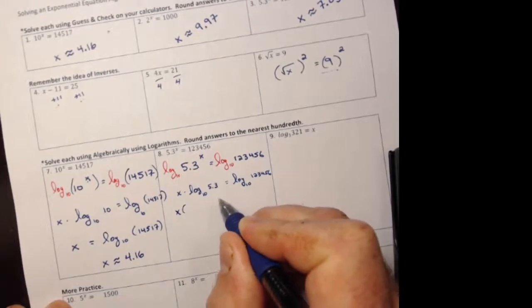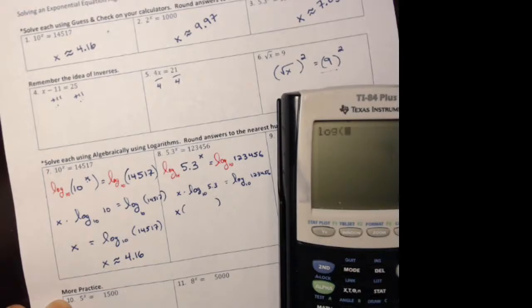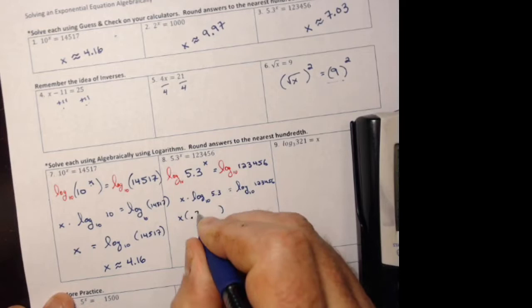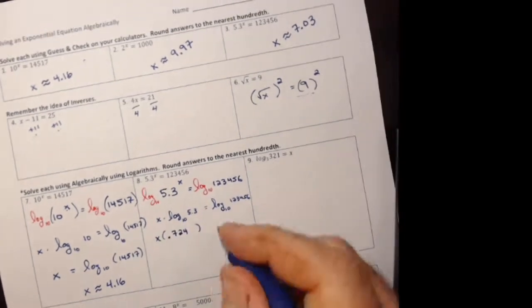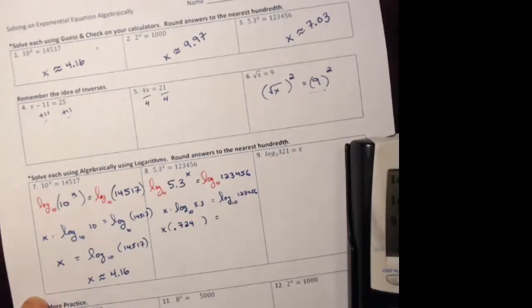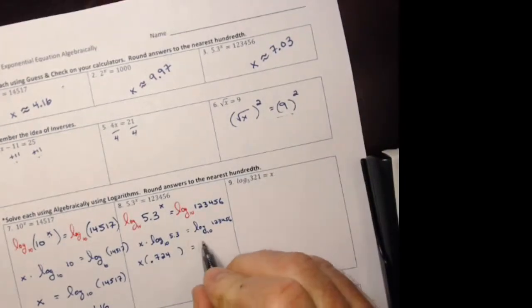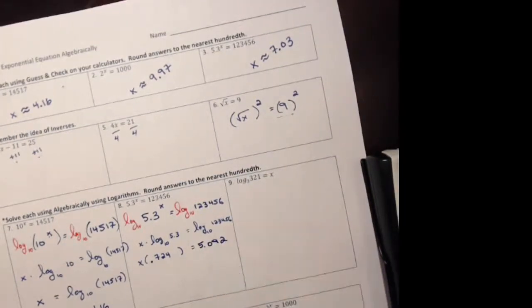So we need to figure out what the log base 10 of 5.3 is. So here's the log base 10 of 5.3. I'm going to write that down to like 3 or 4 decimals. I'm going to say 0.724. And then over here, log base 10 of 123,456. And I'm going to write that down to a few decimals as well. 5.092.